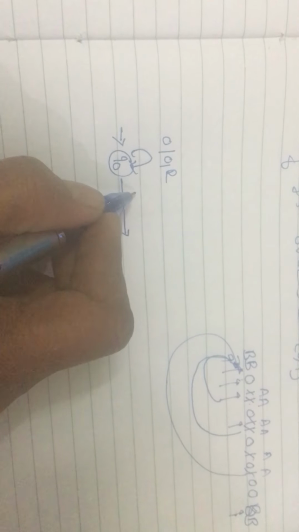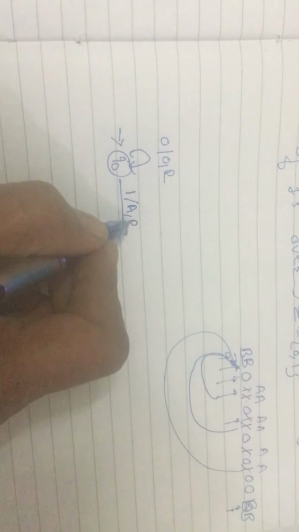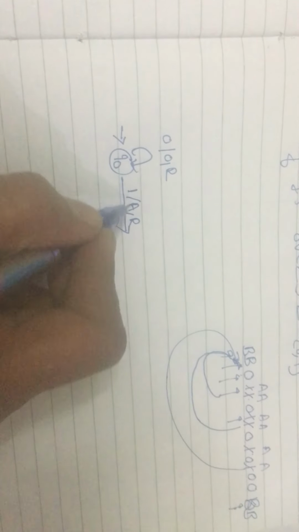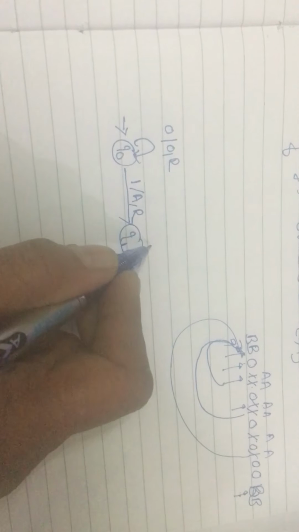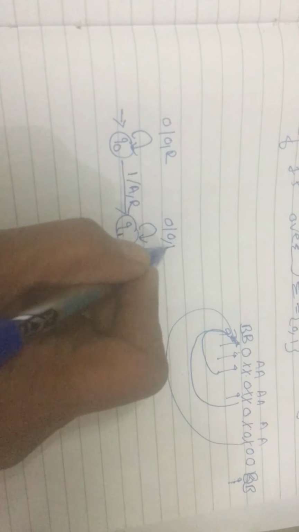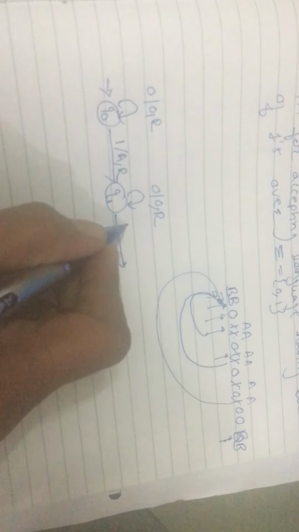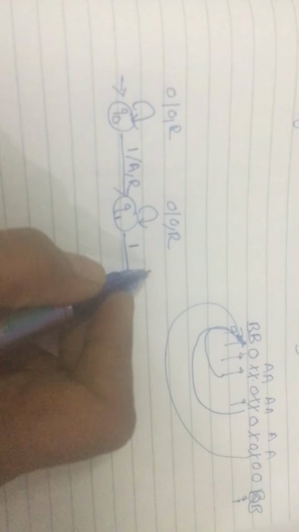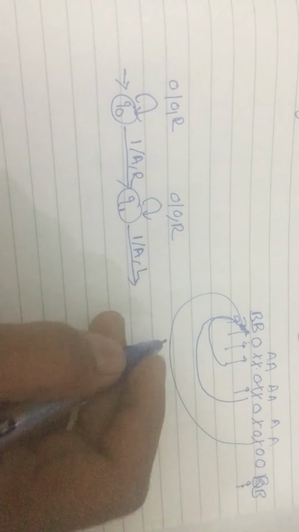When you get the first 1, convert it into A. Again move towards the right in search of the second 1. Then in state Q1, there may again be zeros; keep these zeros as they are and move right. Then it will get the second 1; convert this 1 into A and change the direction to L.